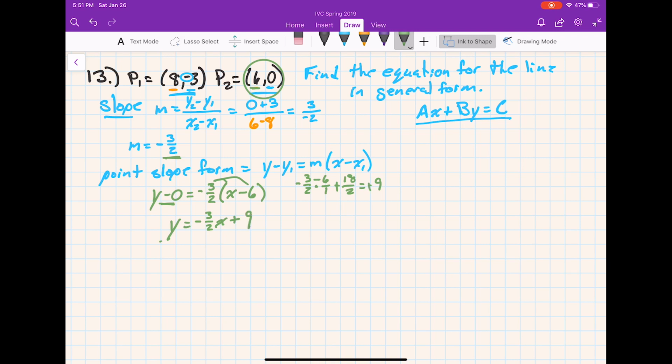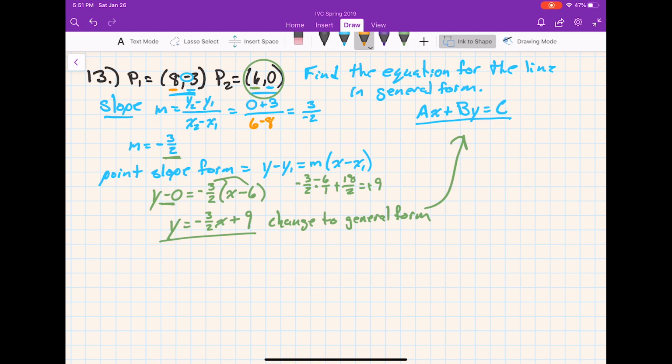That is going to be our slope-intercept form, but we need to change it to our general form. And our general form basically has all of this stuff over on the other side.